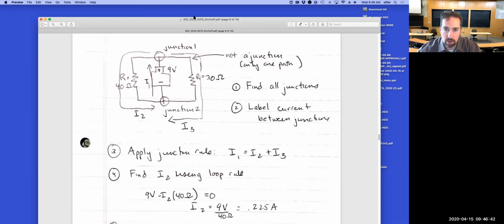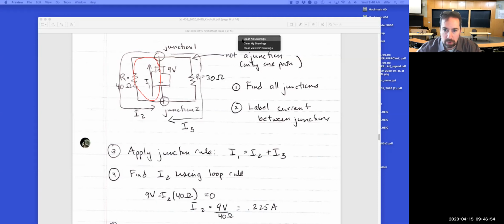Let's focus on this loop right here. We're going around this loop, right? And when we go around this loop, I have a 9-volt potential increase going from low potential to high potential. And I have current flowing in this direction, so I have a voltage drop as I go through this resistor here. That's an ohmic drop.